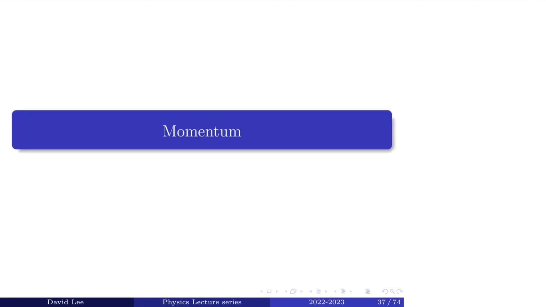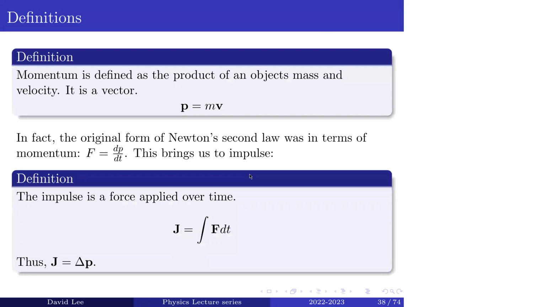Now let's talk a bit about momentum. So what is momentum? It's defined as the product of mass and velocity. Since it's the product of a scalar and a vector, it is a vector.